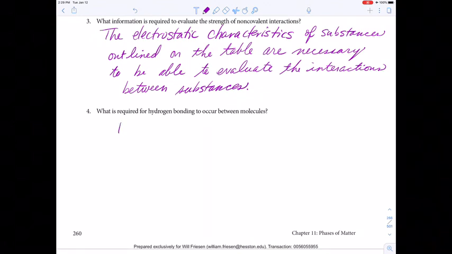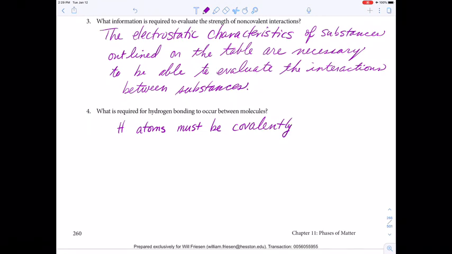So for hydrogen bonding to occur, we need H atoms, hydrogen atoms. They must be covalently bonded to one of three possible elements.